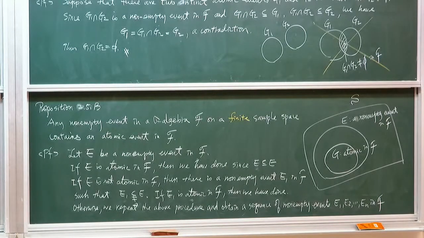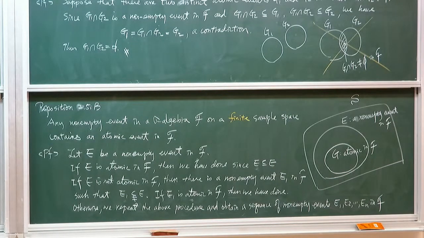Now since E is finite, by the way, they are all non-empty, so the empty set will not be here, the above procedure must stop at n, where n is less than or equal to the size of E minus 1.